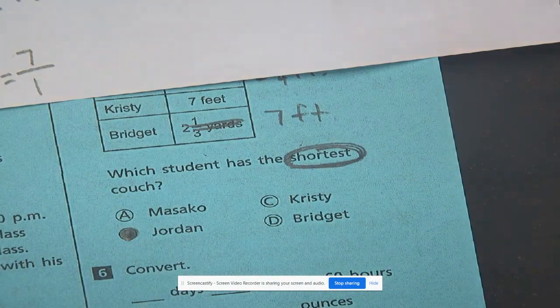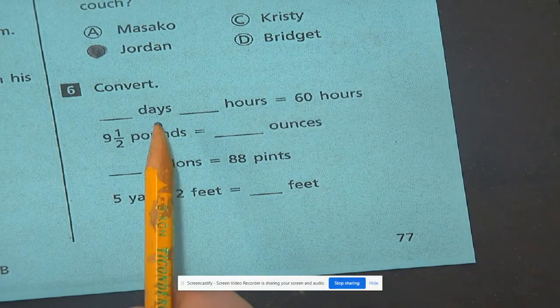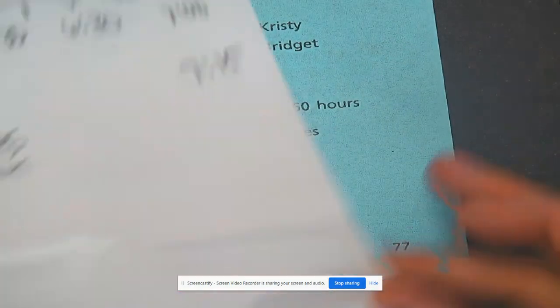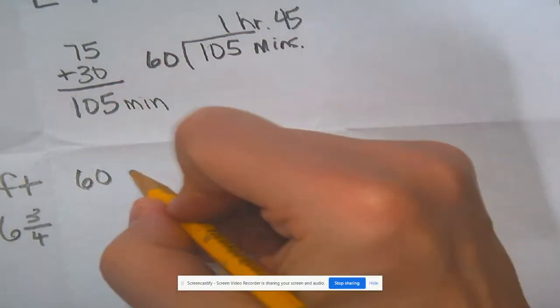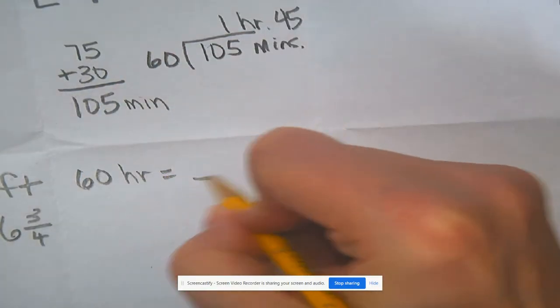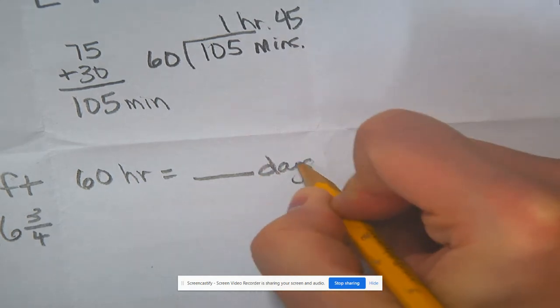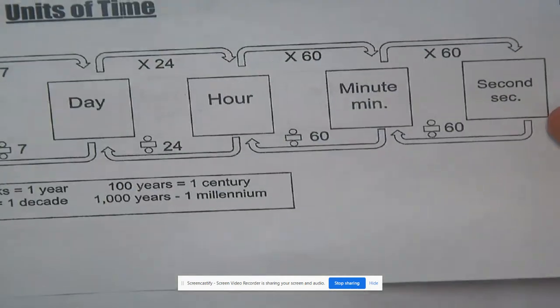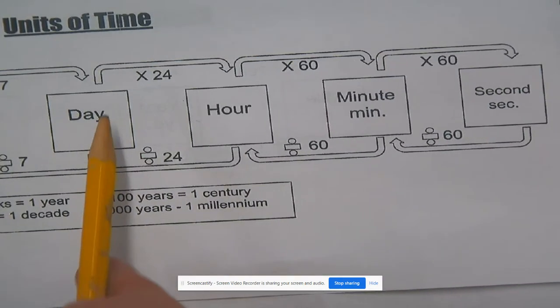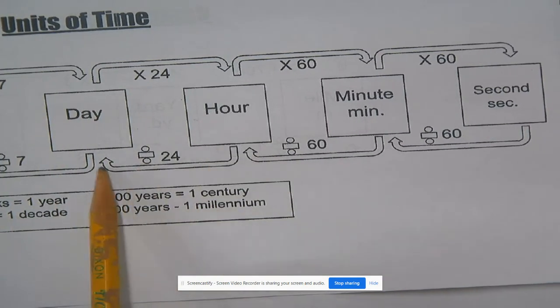We need to convert 60 hours into days and hours. So we're really doing 60 hours equals how many days? Come to our units. How do I go from hours to days?